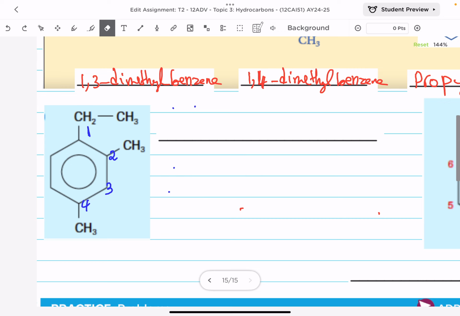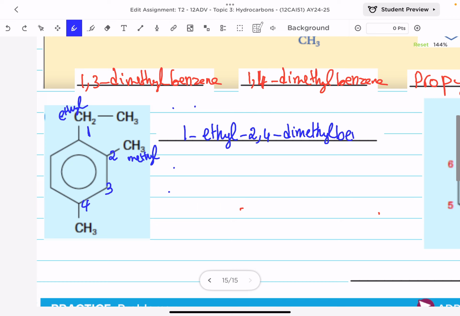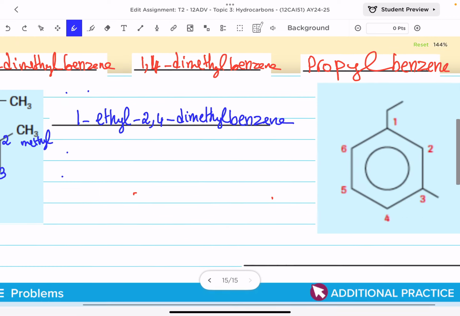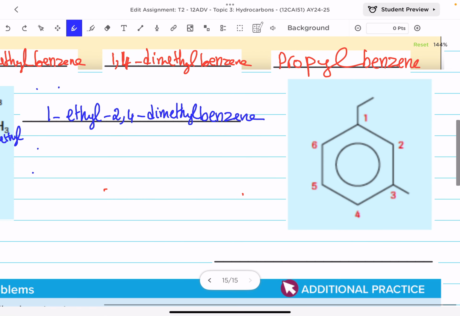Now, when we write the name, we follow the alphabetical order. That's an ethyl and that's a methyl. So we say 1 ethyl, and then on the second and on the fourth, we have 2 methyl groups, and last, benzene. Let's take another example.